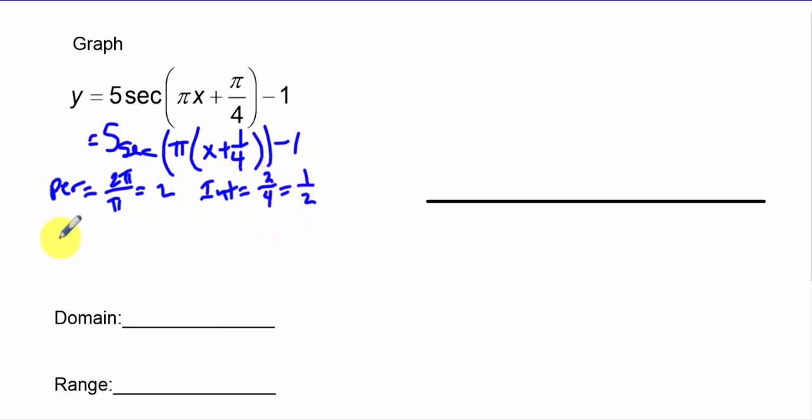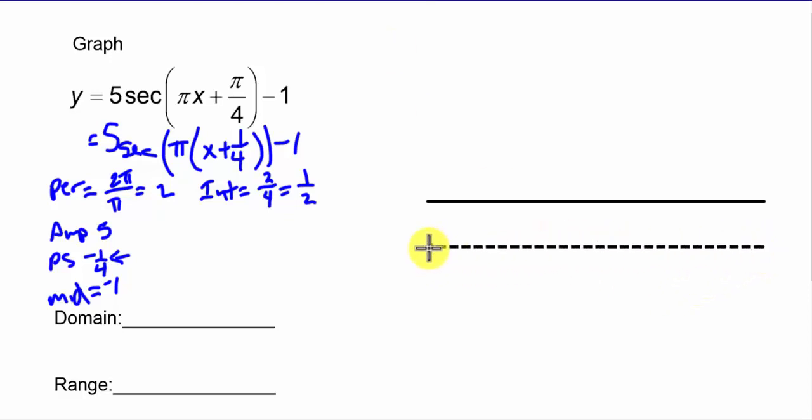So I have a half. I have an amplitude of 5. I have a phase shift of negative 1/4, which means it goes to the left. I have a midline at negative 1. So I'll go ahead and start marking that up.